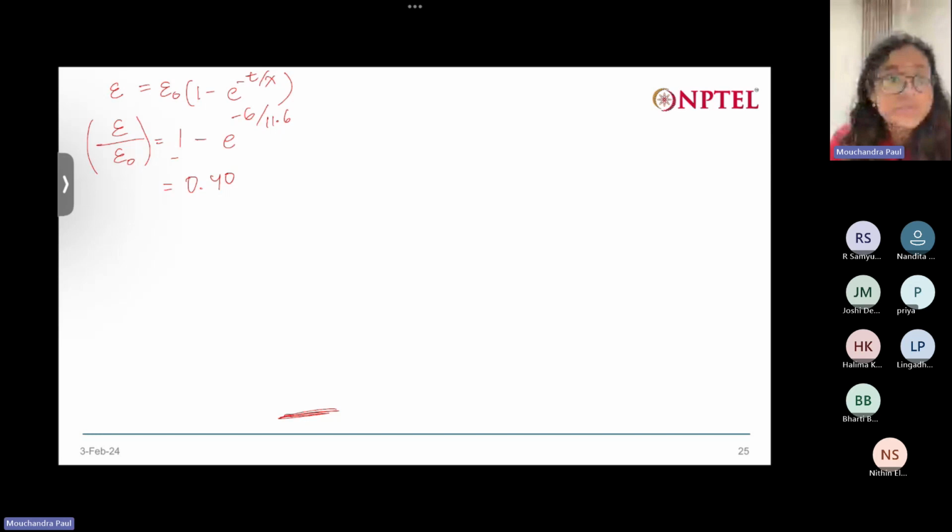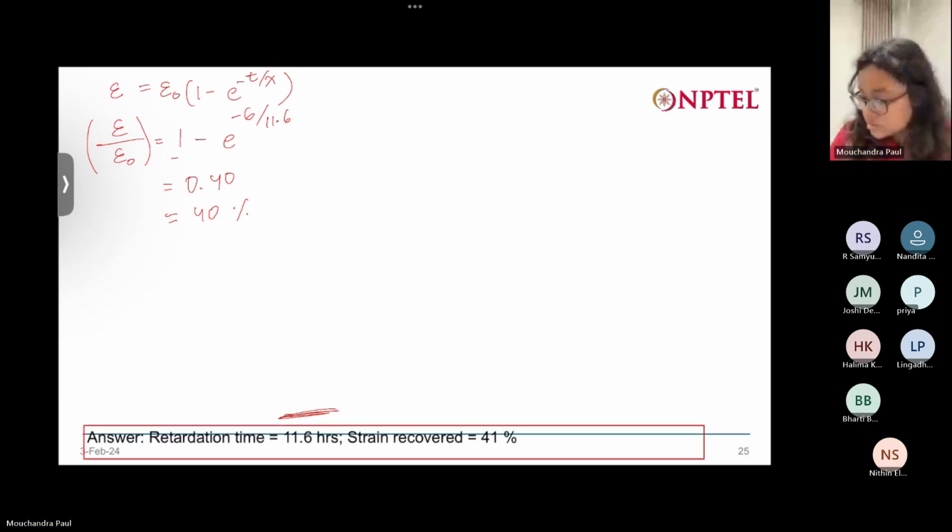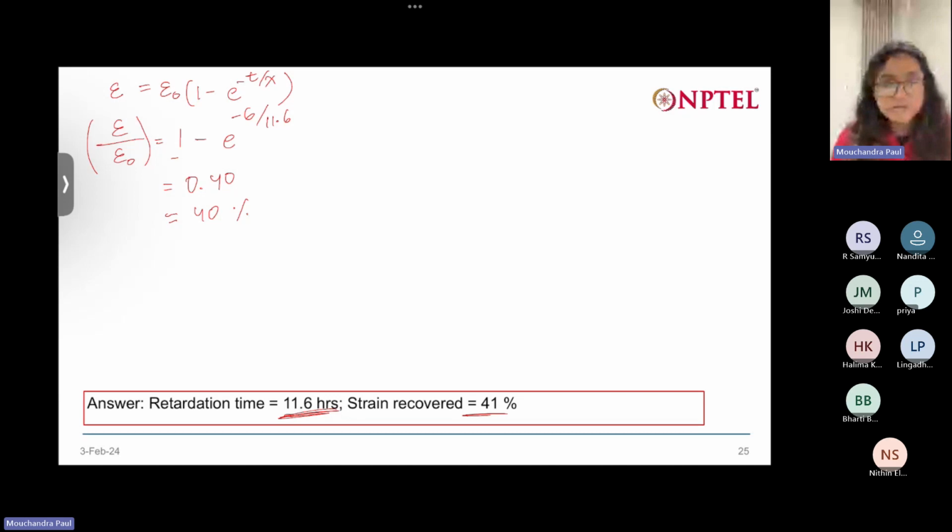Since we are asked in percentage form, it will become around 40% amount of strain recovered if we are looking at the material after 6 hours. So let me see if that is correct. So yeah, 41%, 40% is close by. So the answer you guys are getting is correct.